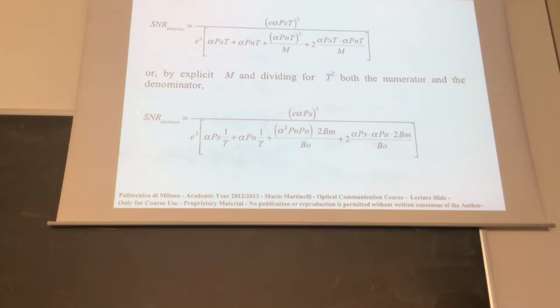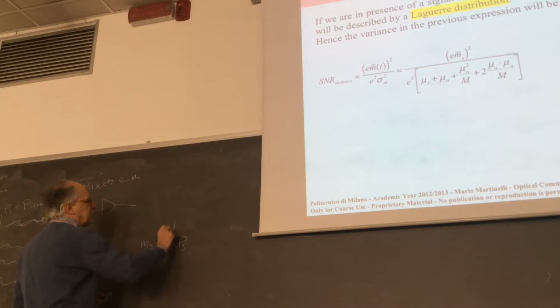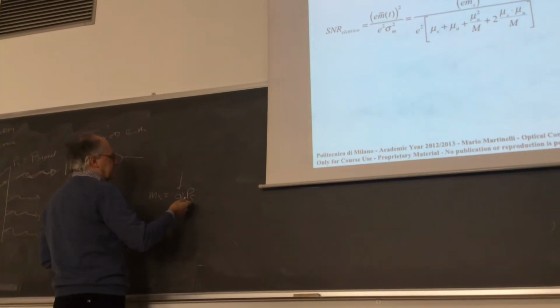And then what do we do? We have to evaluate the different terms, no? We already evaluated different terms because Ms is alpha Ps, where alpha is the coefficient connected with the responsivity.